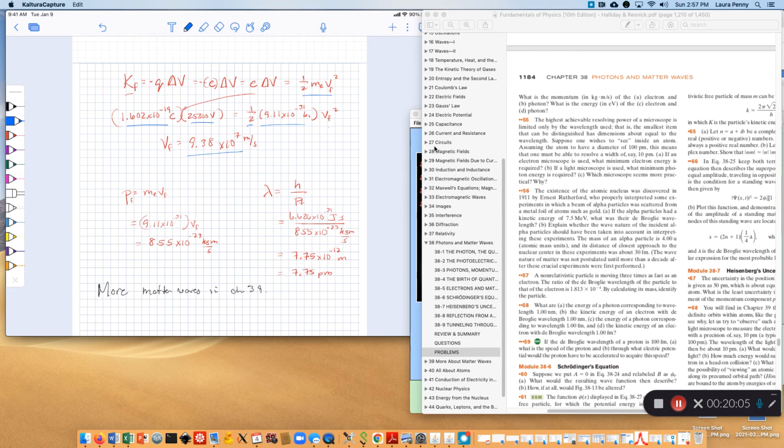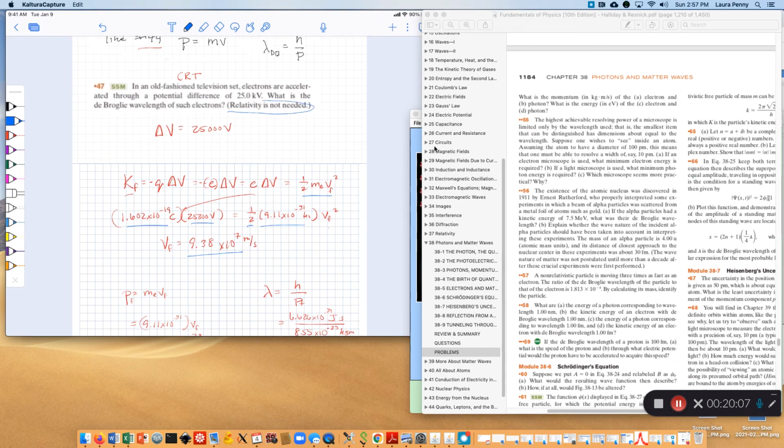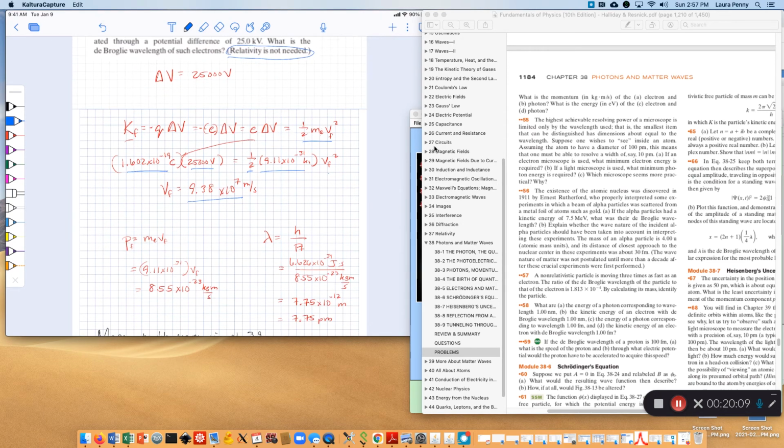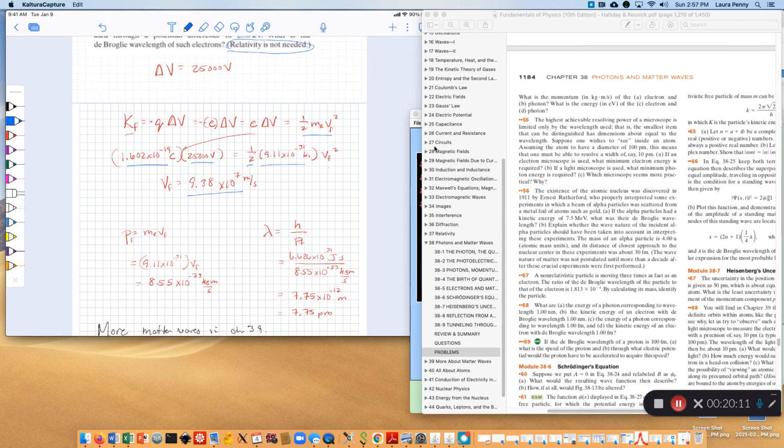This problem specifically told us that relativity is not needed. This is about 1/3, or 30%, the speed of light, so technically I would think relativity would be needed, but we'll go with them. The gamma is about 1.03, so I guess that's kind of why they're saying it.